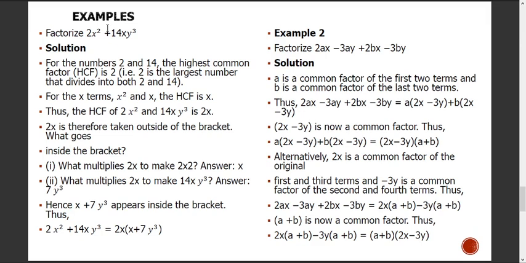Similarly, we could also consider x and y. In the expression, if we collect like terms, 2ax and 2bx, and also negative 3ay and negative 3by.